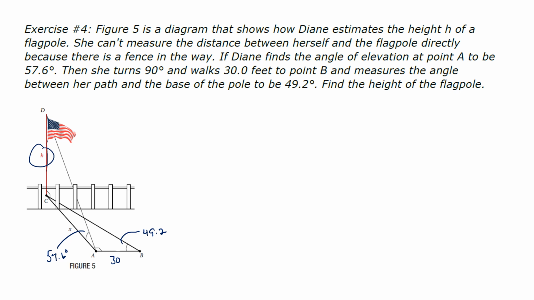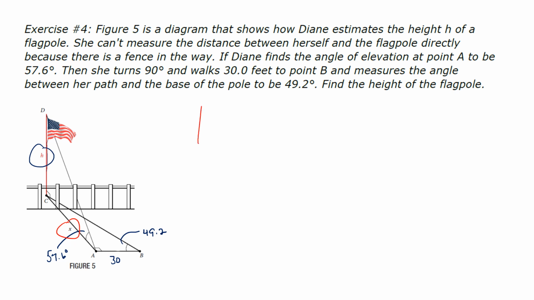So, as you see in this image, we have 2 different triangles, okay? And we're going to use these triangles to help us find h. So the first thing that we're going to do is find x of our flat triangle here at the bottom.